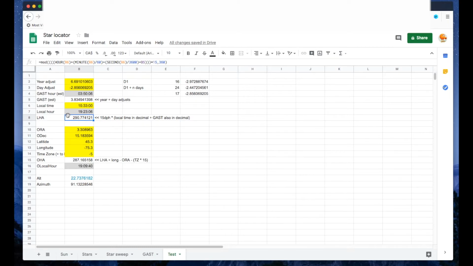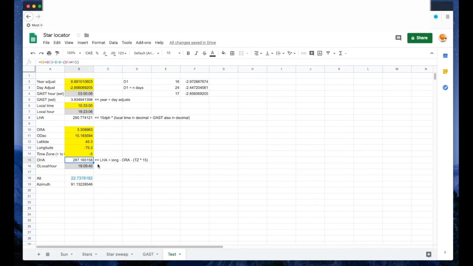Now, at this point, this is still relative to GMT time. And what this does is it will adjust the hour angle of a particular object for our local longitude and our time zone.